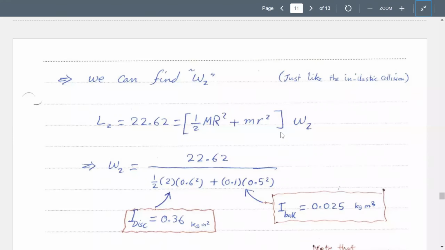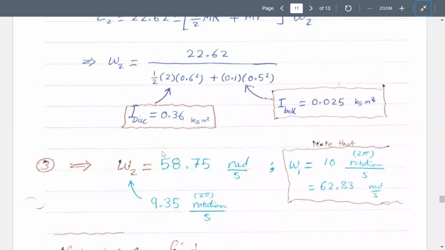Divide both sides by the moment of inertia. It will be 22.62 over the moment of inertia of the disk plus the moment of inertia of the ball, then the angular velocity will be 58.675.